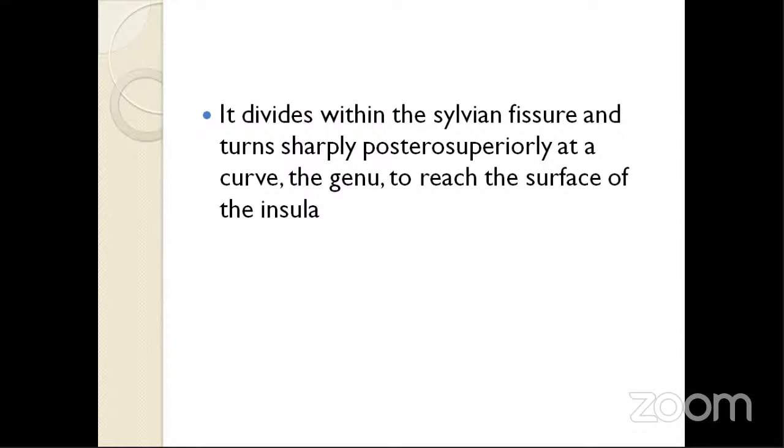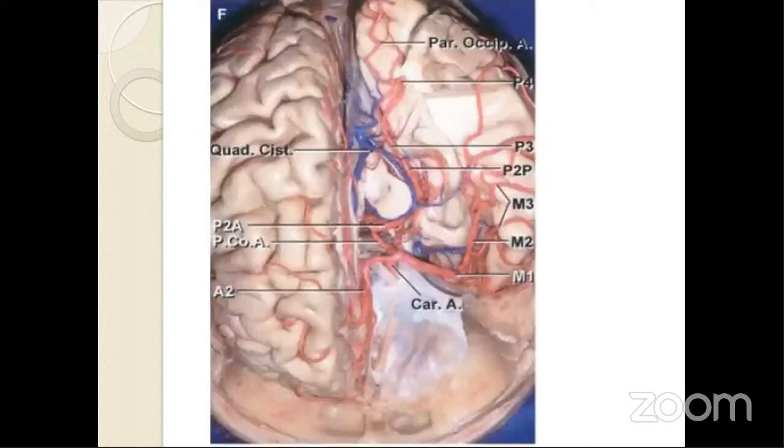After passing laterally towards the Sylvian fissure, the M1 segment of the middle cerebral artery turns sharply posterior-superiorly at a curve known as the genu to reach the surface of the insula. So laterally, the M1 segment is passing and it curves posterior-superiorly and takes a turn of about 90 degrees. This point is known as the genu, and it further goes towards the insula and is known as the M2 segment of the middle cerebral artery.